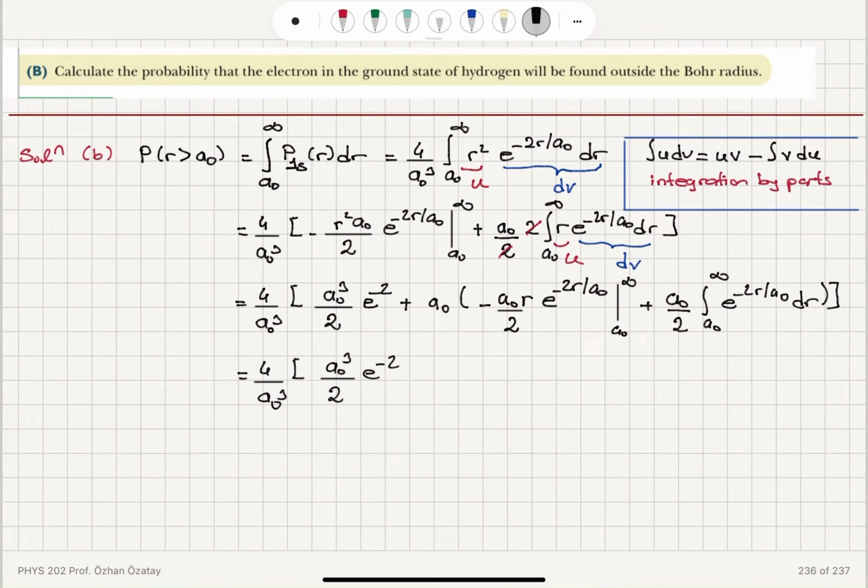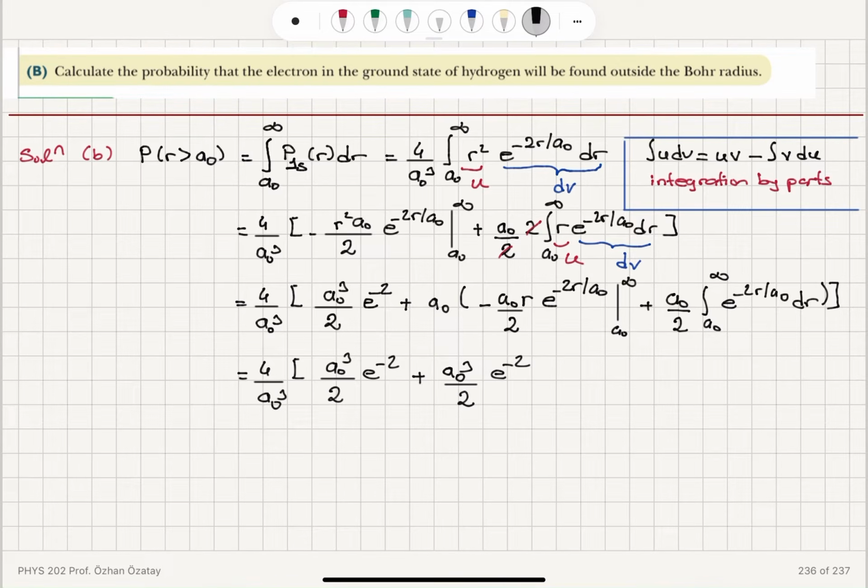So I will get a plus a0 cube, because I substitute a0 here, a0 cube over 2 e to the minus 2.